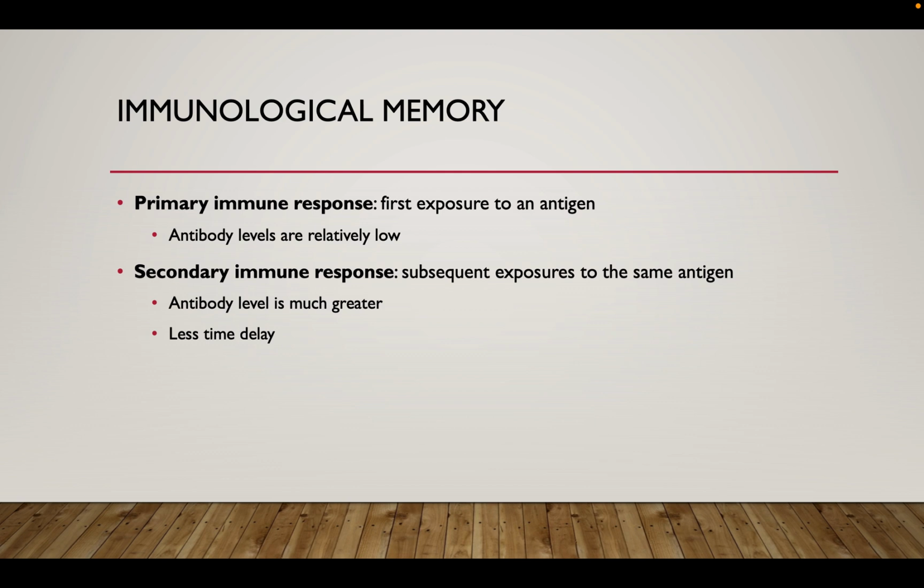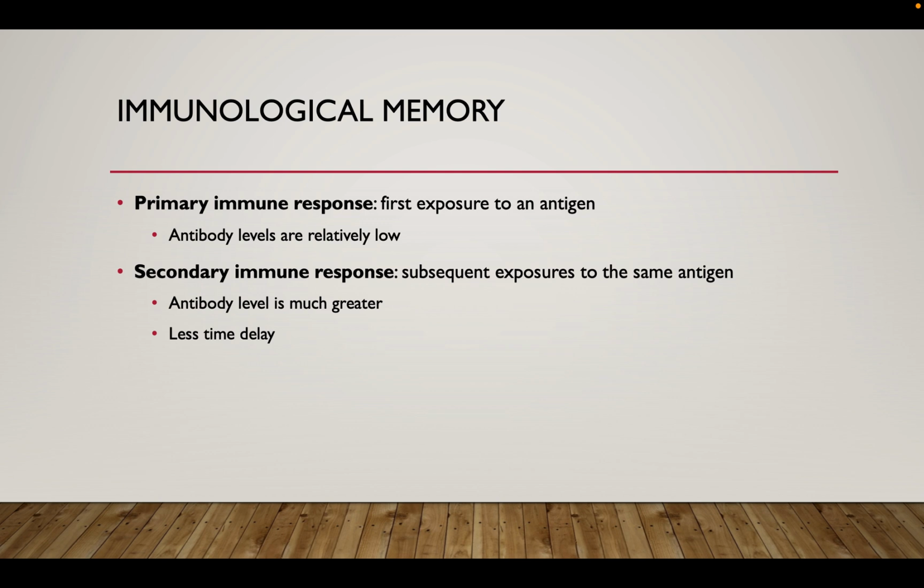You can imagine that if we've never encountered that antigen before, we're not going to have very high antibody levels because we've never seen it before. So that's exactly what we see. The antibody levels are generally low. But when we see our secondary immune response, we now see an increase in antibody levels, because now we already have memory cells, and those memory cells upon the second encounter can differentiate into plasma cells, which then secrete lots of antibodies.